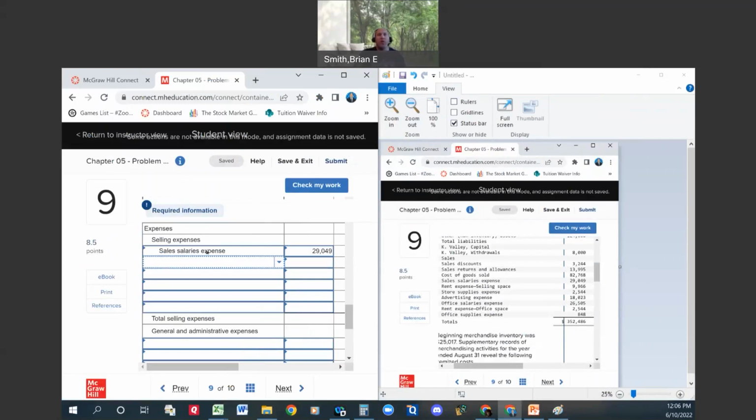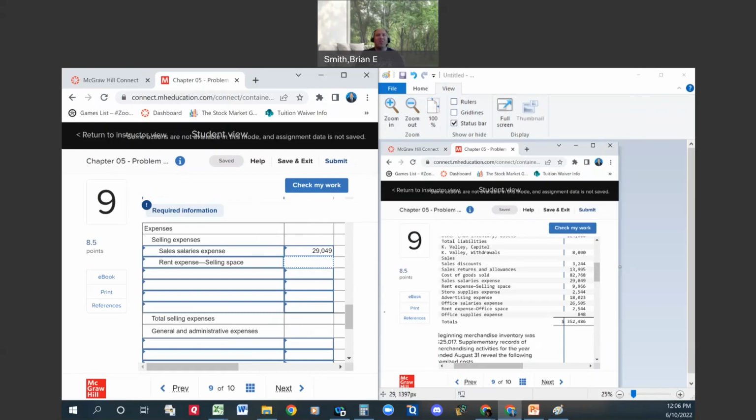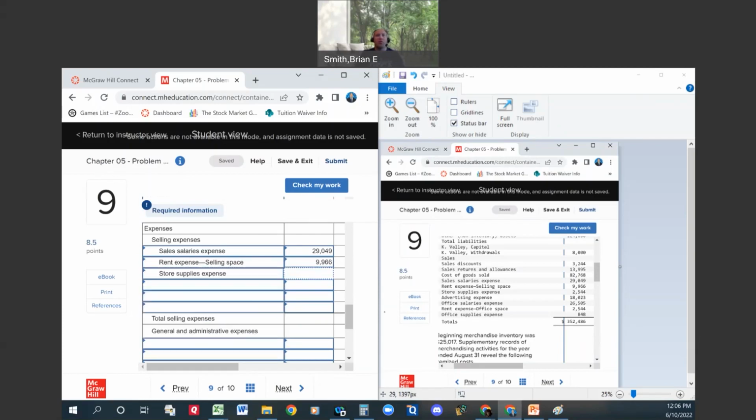Then they said rent expense for selling space, selling 9966. Store supplies expense 2544. Advertising expense. I'm pretty sure that was it.